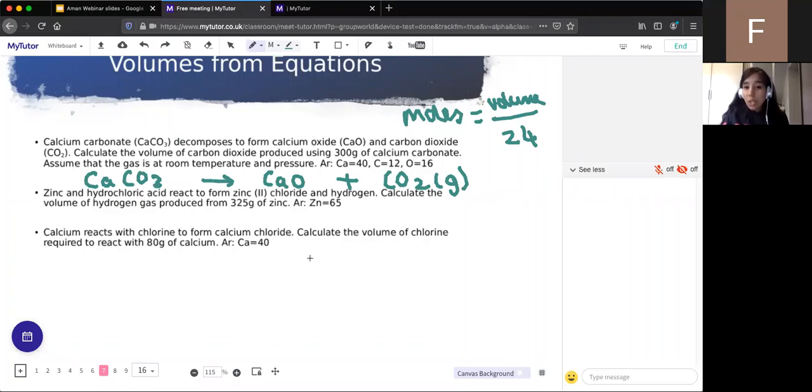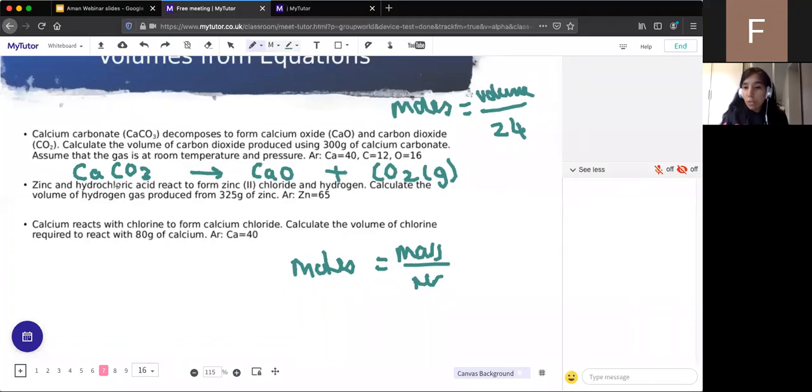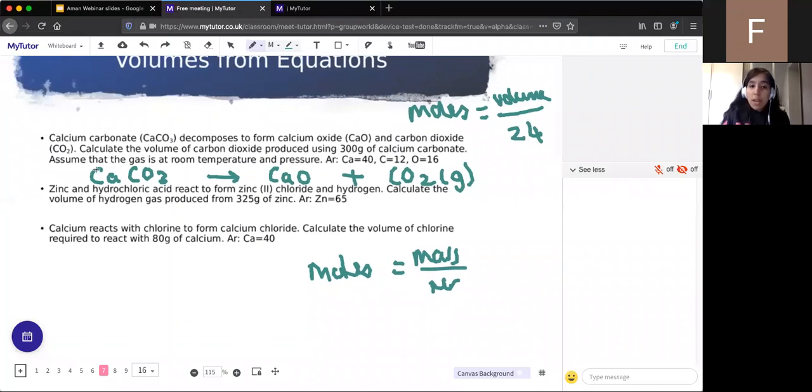So again, it's just about using that equation, moles equals mass over MR. So if we know our mass is 300 grams, we can calculate the moles of calcium carbonate. So the MR of calcium carbonate, the AR of calcium is 40, the AR of carbon is 12, and the AR of oxygen is 16.